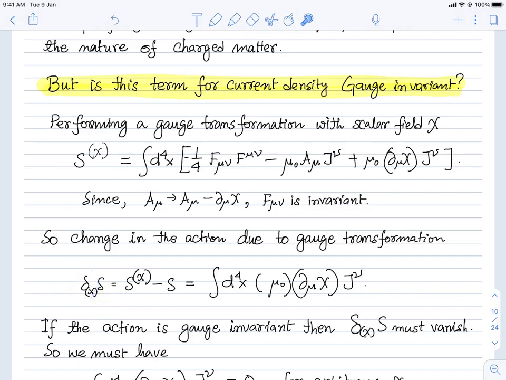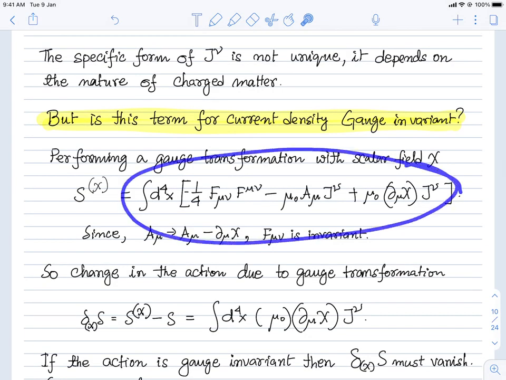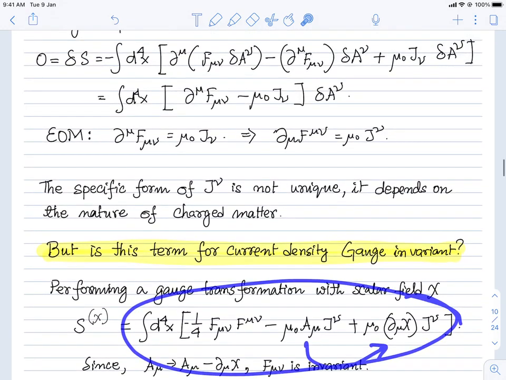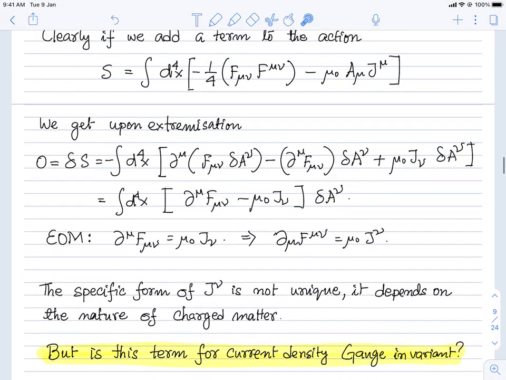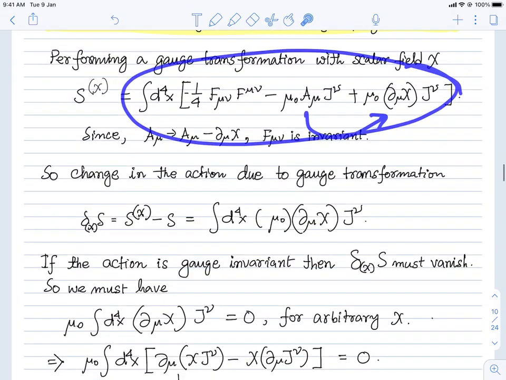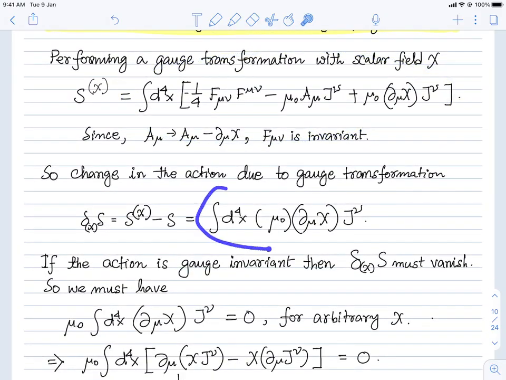It's just S chi minus S, where I have taken this Lagrangian density with the gauge transformation and subtracted out the Lagrangian density without it. So this is the additional term for which this variation is not zero, and for which the action is not gauge invariant.